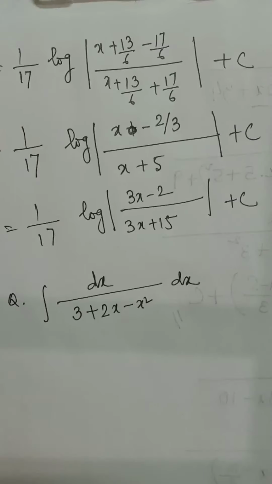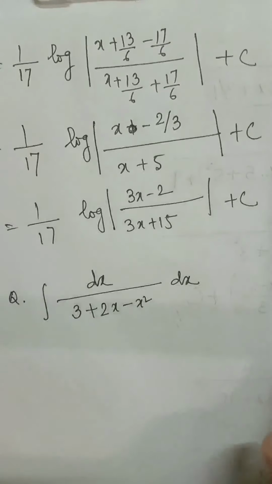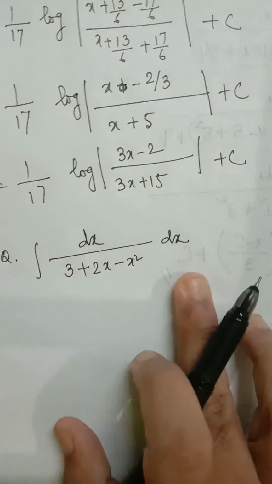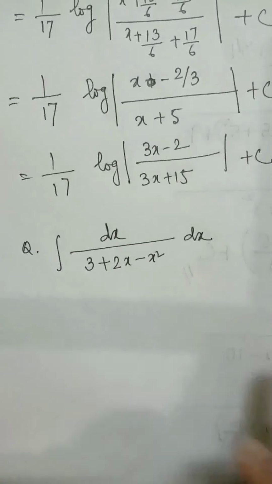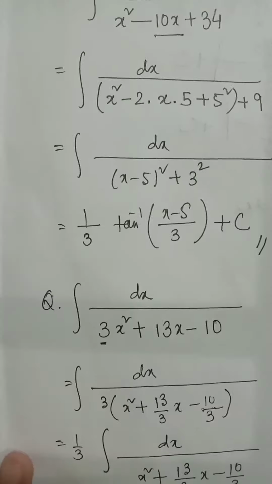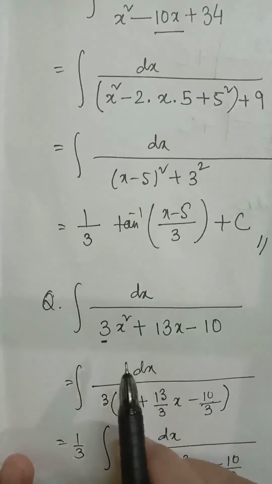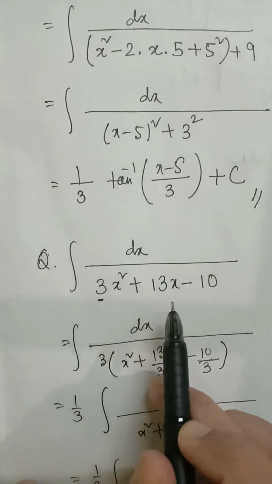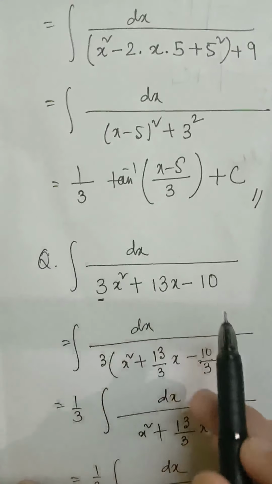Next, to integrate dx by 3 plus 2x minus x square dx. Now you see what I did in the last question. The last question was dx by 3x square plus 13x minus 10.